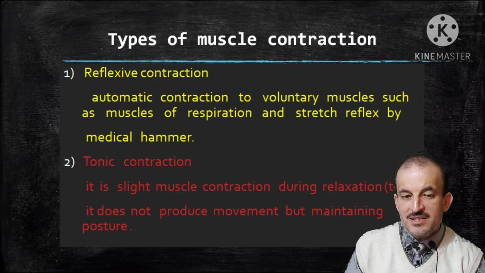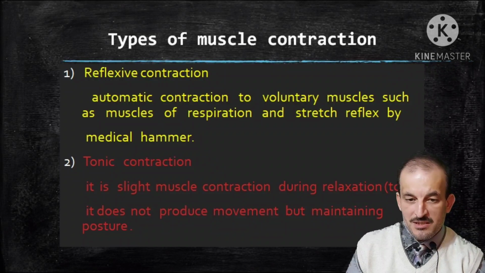The other one is the tonic contraction, which is a slight muscle contraction during relaxation, or tone. It does not produce movement but maintains posture.